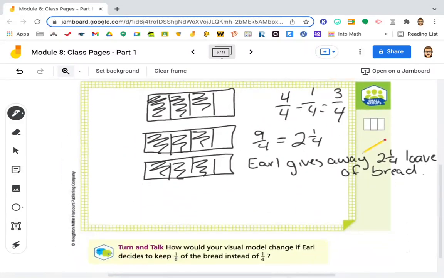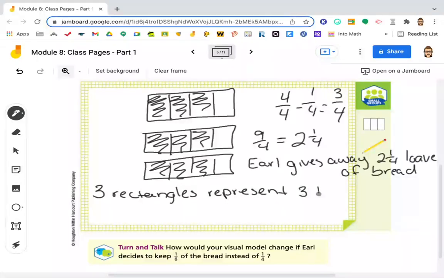Then it says to justify my reasoning. So I'm just going to write what I said. 3 rectangles represent 3 loaves of bread.